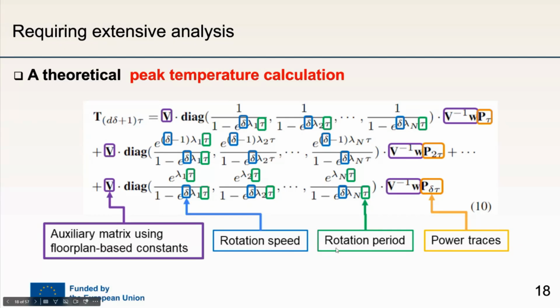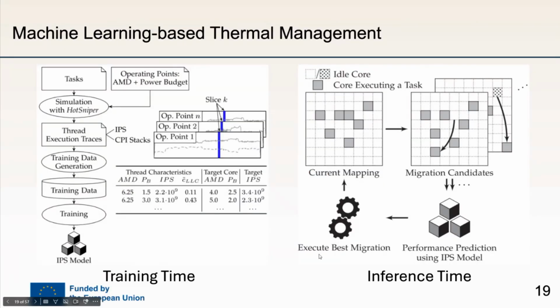Let's explore this machine learning-based thermal management approach. We start by collecting data from application simulations using tools like Sniper, which evaluate tasks on various operating points, including the power budget and configurations.